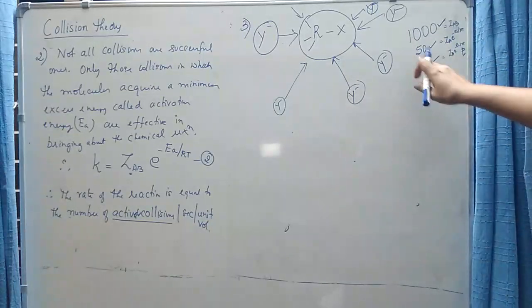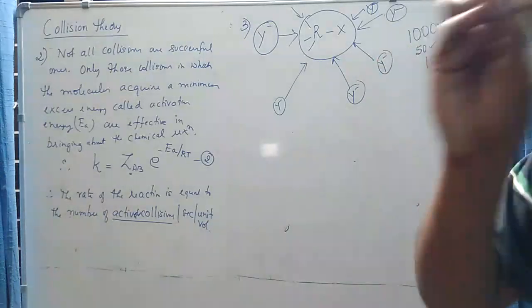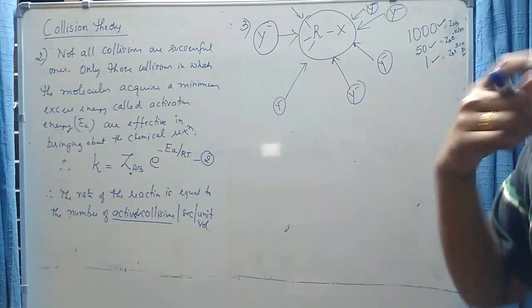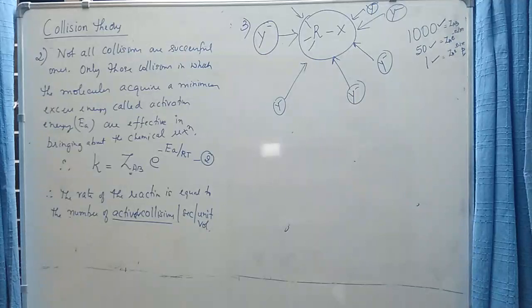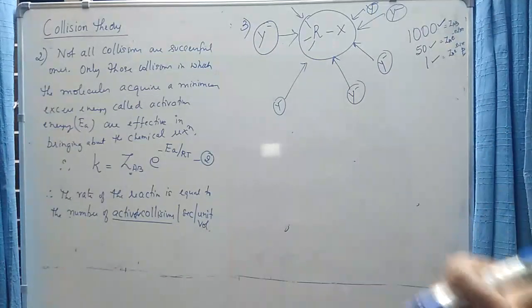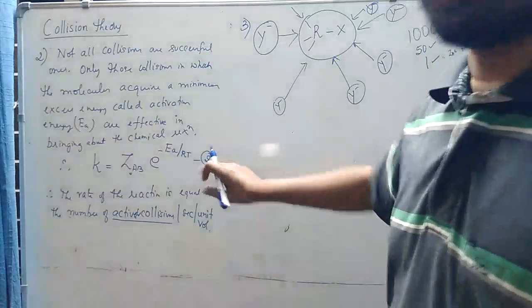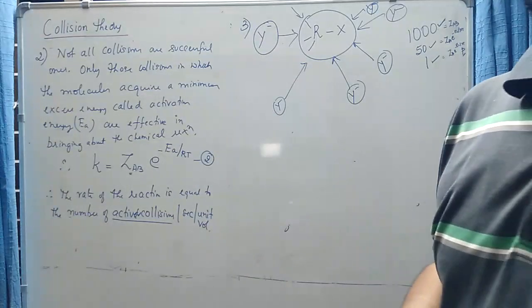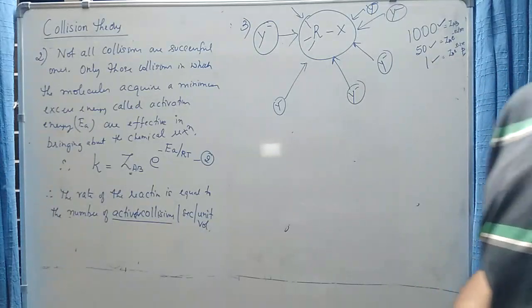Why it is small, you can understand, because even though there are 50 activated collisions, there is only 1 out of 50 which is an effective collision. Thereby the rate of the reaction should be much less than that predicted by equation 2. Equation 2 assumes all the activated collisions should result in the formation of the chemical reaction.